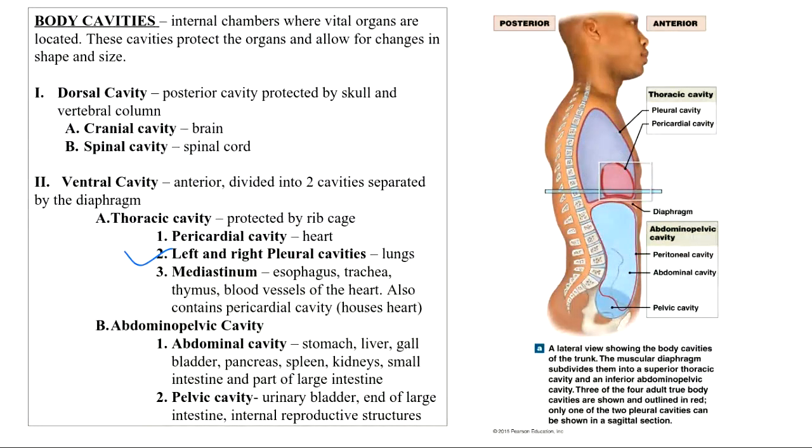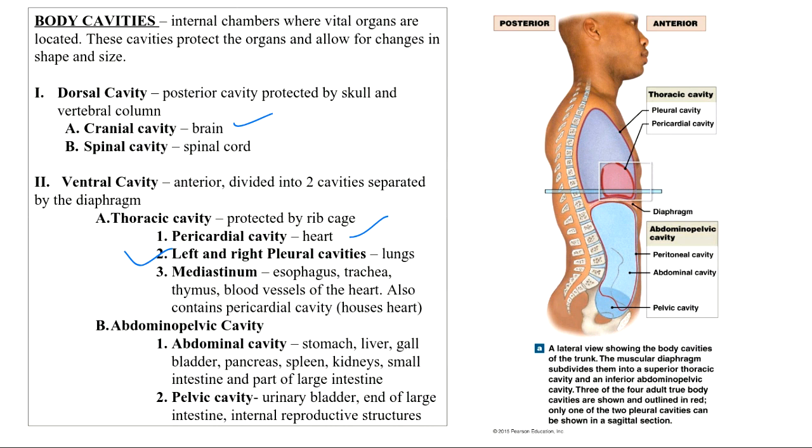So you want to be able to understand not only the different cavities, but which organs reside in these different cavities. So for instance, you need to know that the brain is in the cranial cavity, which is in the dorsal cavity. And you need to know the heart is in the pericardial cavity, which is, of course, within the thoracic cavity. So it's sort of like a layering, understanding which cavities they belong to and which organs reside in these very specific cavities.